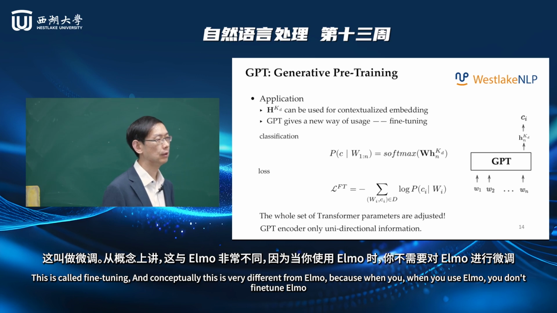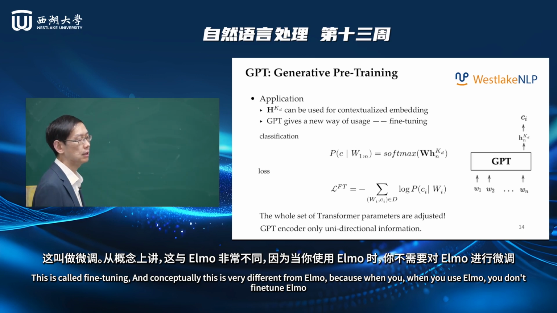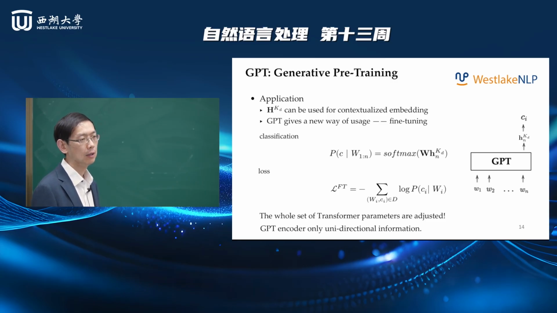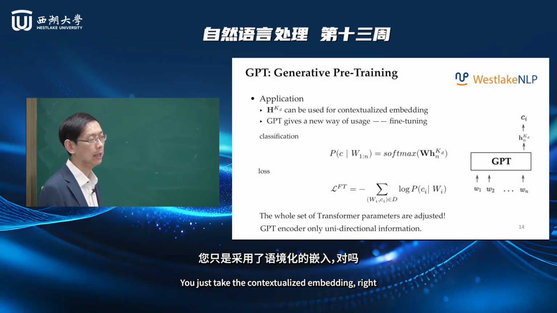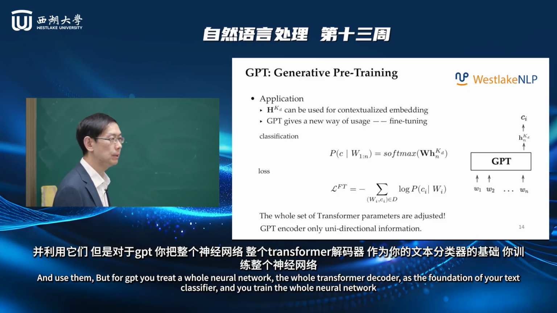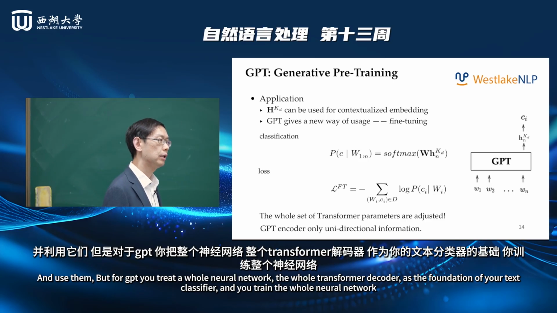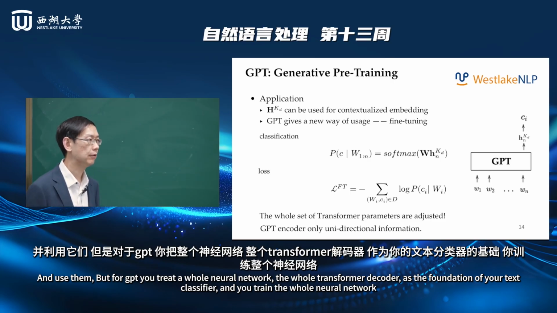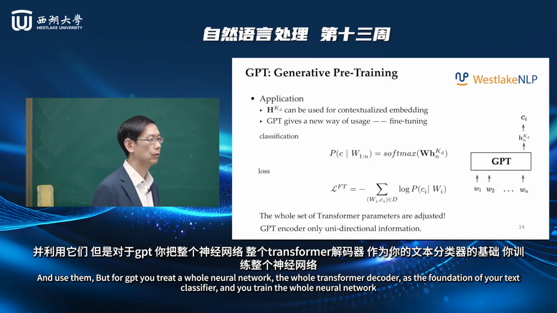This is called fine-tuning. And conceptually, this is very different from using Elmo, because when you use Elmo, you don't fine-tune Elmo. You just take the contextualized embeddings and use them. But for GPT, you treat the whole transformer decoder as the foundation of your text classifier, and you train the whole neural network.